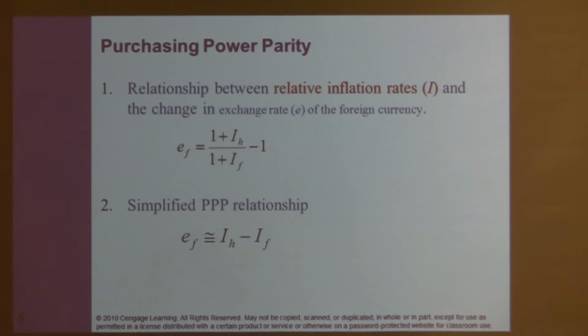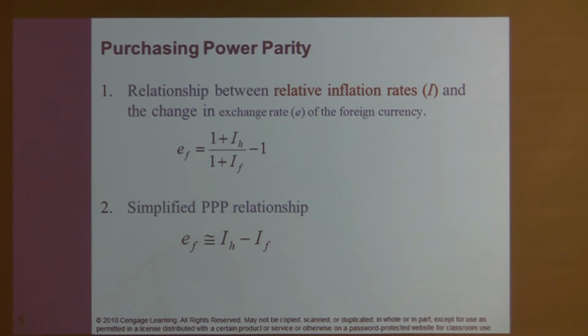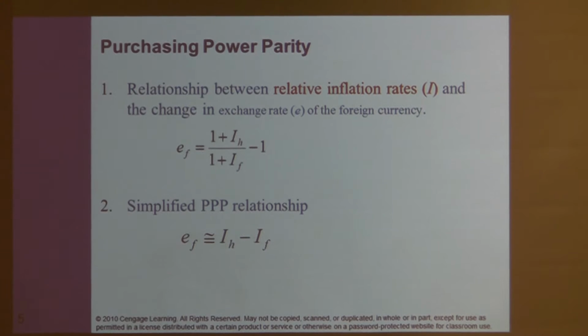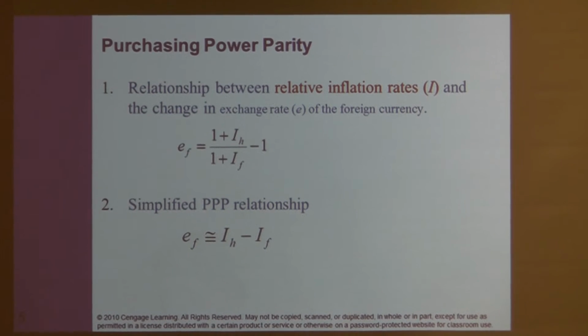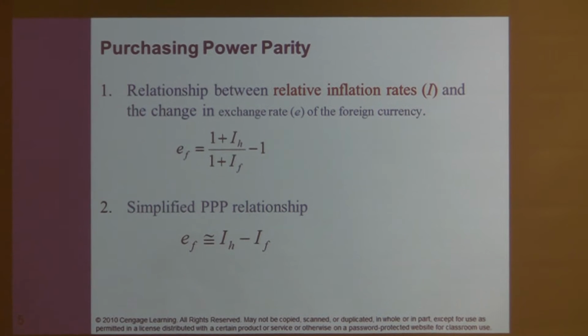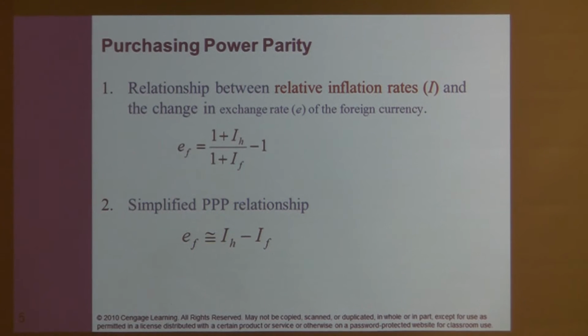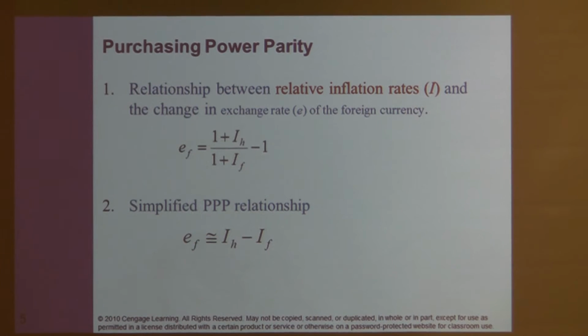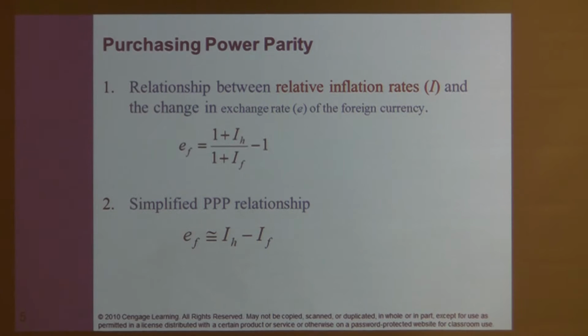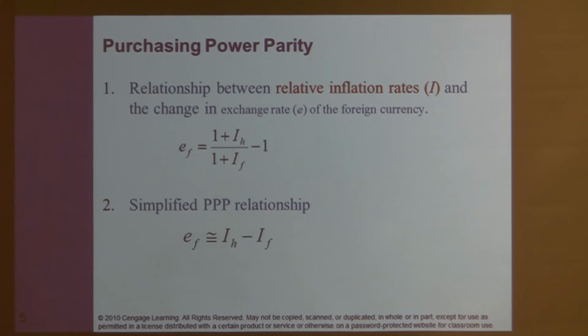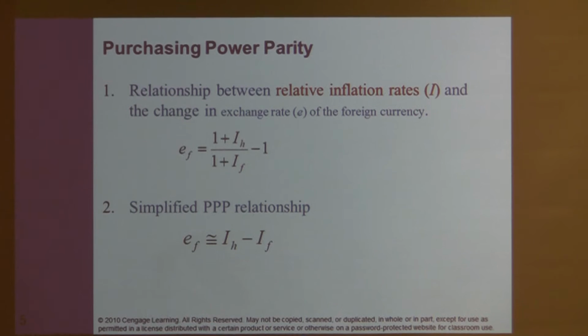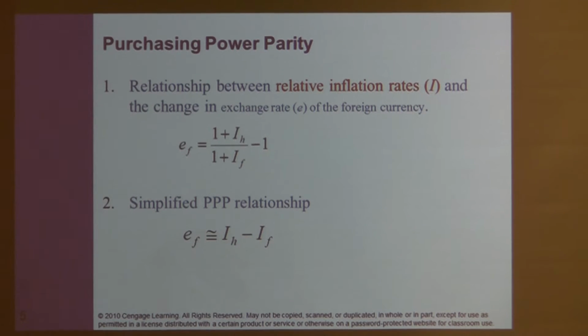Now, if you want to put it another way, so chances are, when you do problems and so on, we might have to put it another way. What we need to do here is say that the expected spot rate divided by today's spot rate is given by 1 plus the inflation in the US divided by 1 plus the inflation in the foreign country.